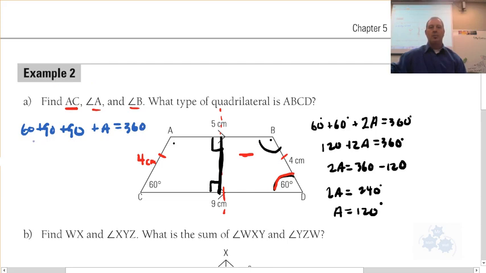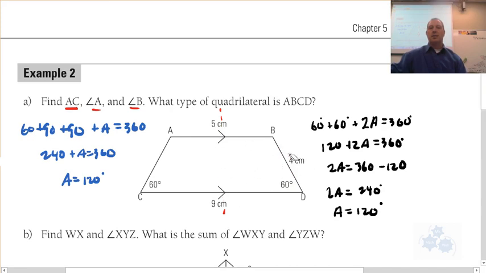That's 180 plus 60 is 240 plus A equals 360, and A of course is going to be equal to 120. So this is 120 degrees. So again we're using properties of trapezoids, and this is an isosceles trapezoid with those 2 angles being the same.